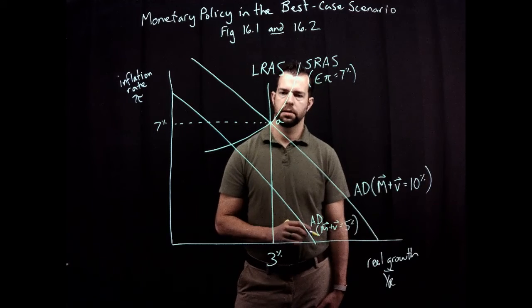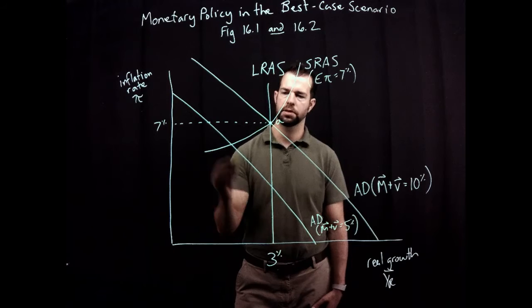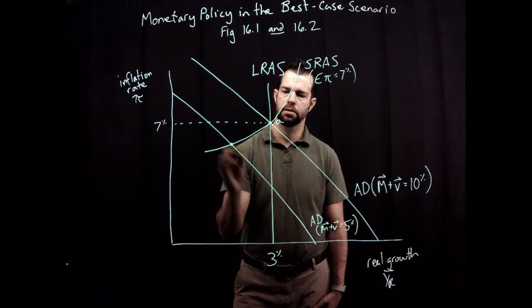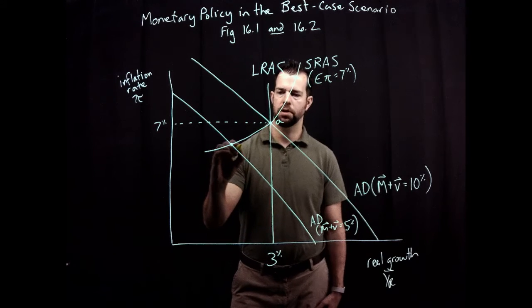All right, and so where's our macroeconomy going to be? Is it going to be here or here? Well, it's going to be at the intersection of the new aggregate demand curve and the short-run aggregate supply curve. We're going to call that point B.